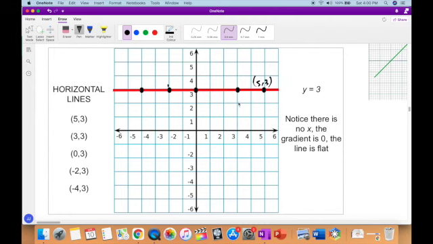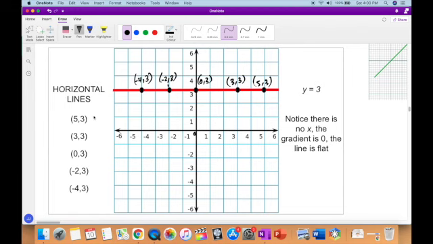This next point is 3 on the x and 3 on the y, so 3, 3. This next point here is 0 on the x, right? And then 3 on the y, so 0, 3. This next point here is -2 on the x, but 3 on the y. This next point here is -4 on the x, but guess what? 3 on the y.